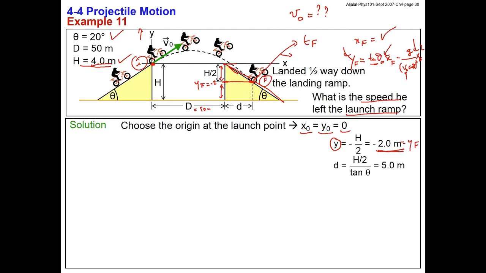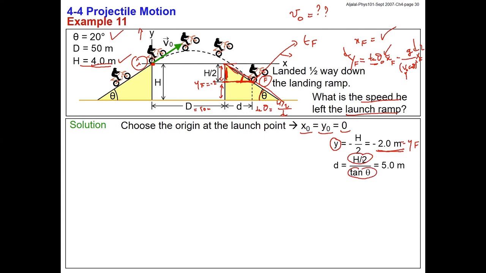Well, I will look at the tangent of this angle here. The tangent of this angle will be opposite side over adjacent. What is the opposite side? It will be h divided by 2, basically this, divided by this small d. So that means small d is just h divided by 2 divided by tangent 20 degrees.